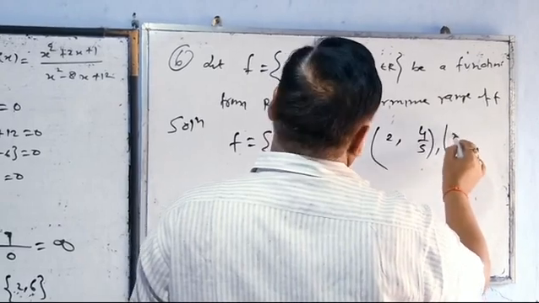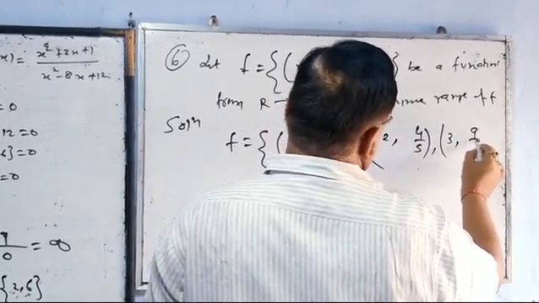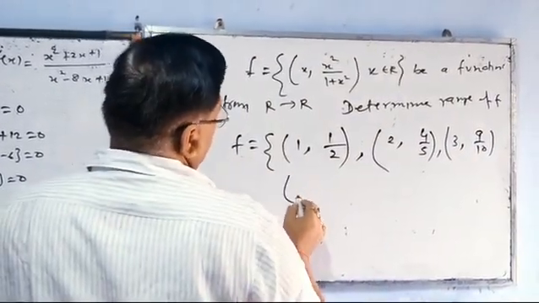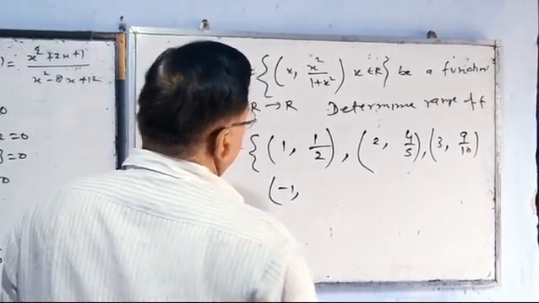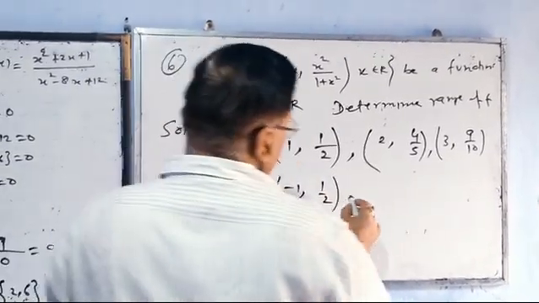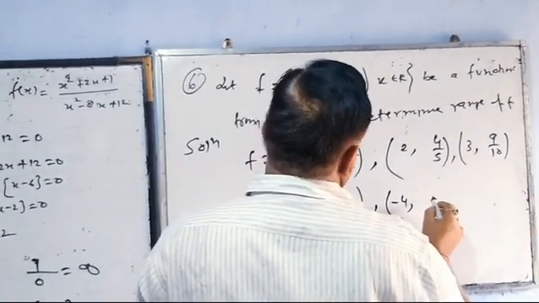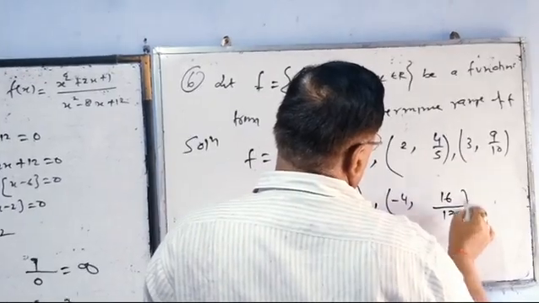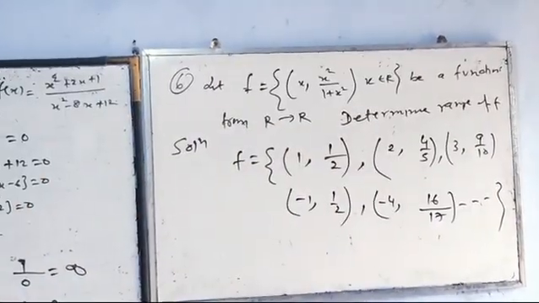If we take 3, that is 9 by 10. If we take minus 1, that is 1 by 2. If we take minus 4, that is 16 by 17. And so on. So what are we observing, student, by these values?